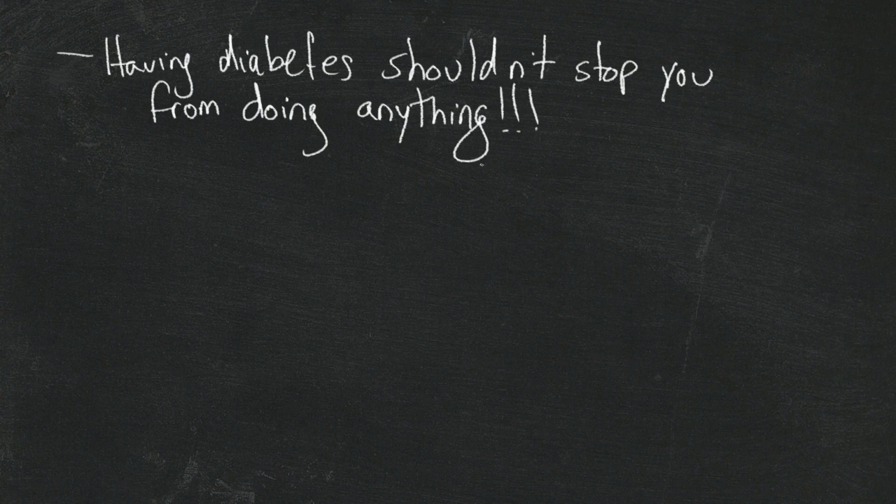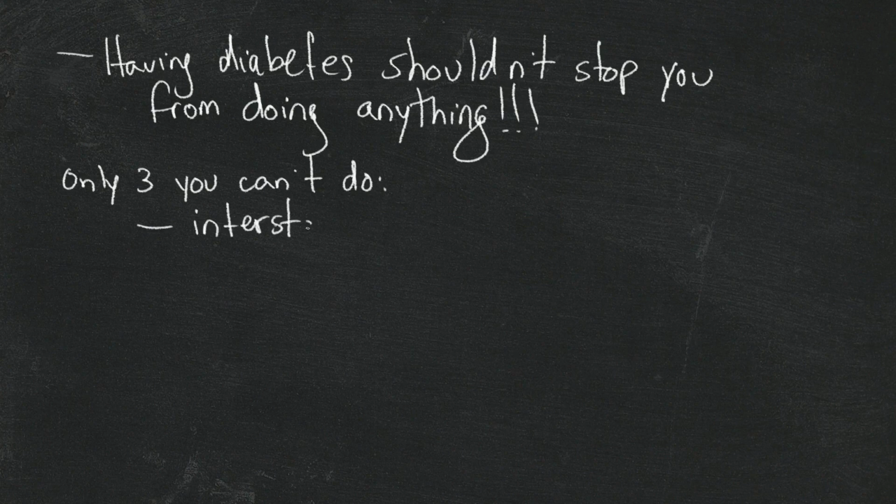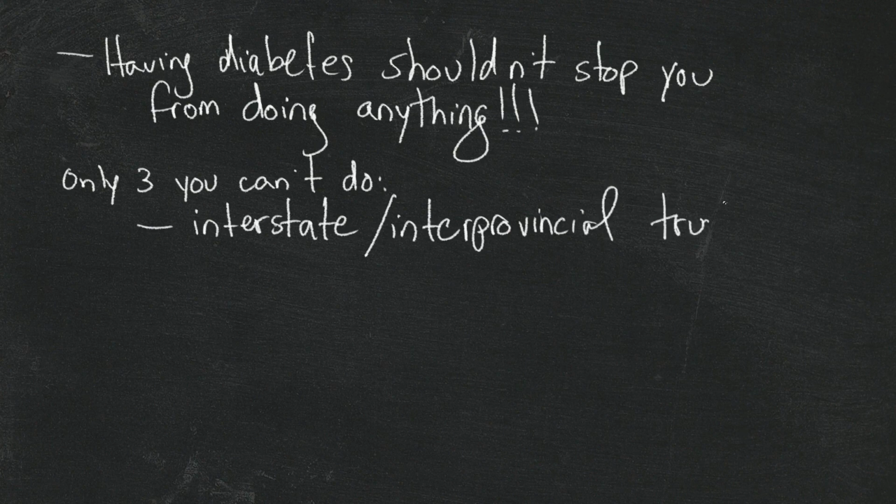What I'm saying is that there are only 3 things you can't do. The rest is open. You can't be an interstate or inter-provincial truck driver if you're taking insulin.